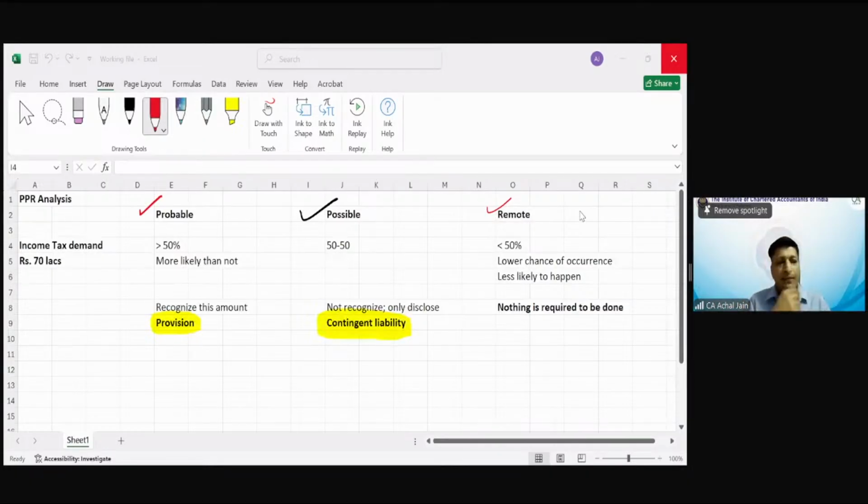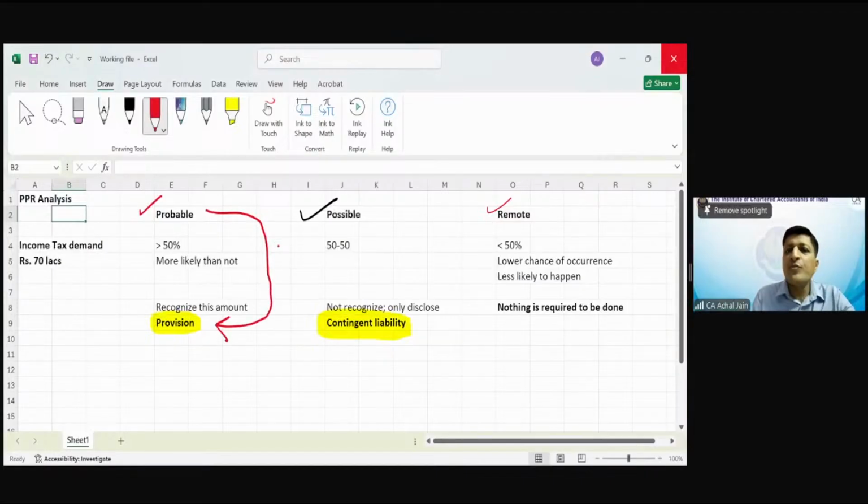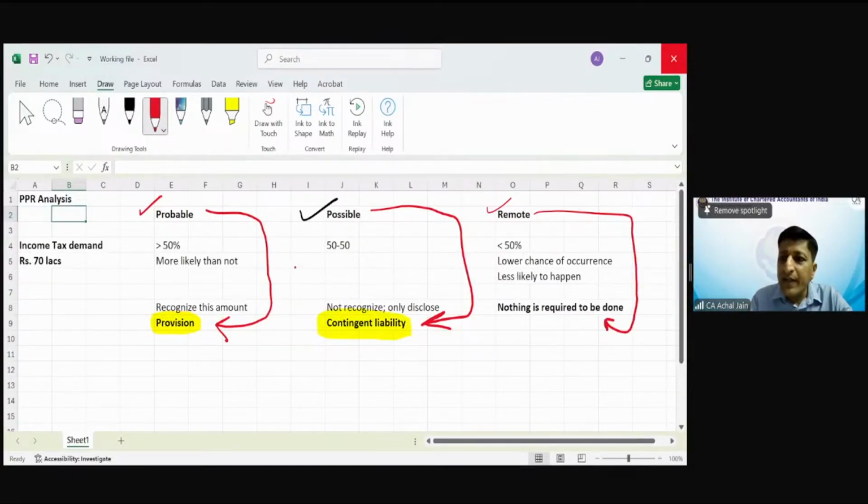So you can say, if you have to understand, whenever you will have this probable, probable will always require a provision. Possible will always require a contingent liability to be disclosed, and remote will require nothing to be done. So that's how you need to summarize this part. Maybe a bit more if you want to further summarize this.